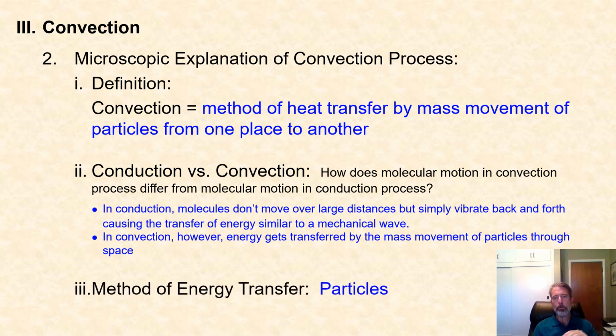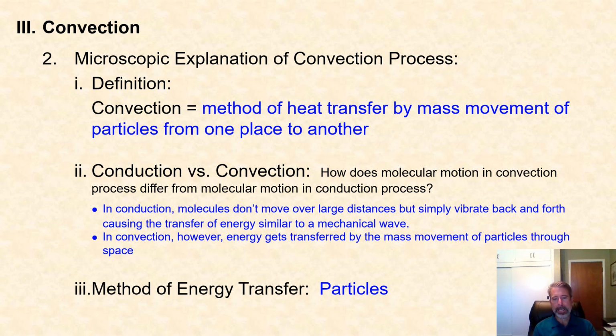So recall that we said in our discussion of wave theory, there's really two ways in which energy can be transferred between one point in space and another. The first way is through particles, the second way is through waves.